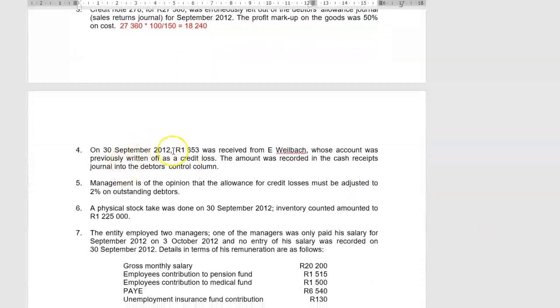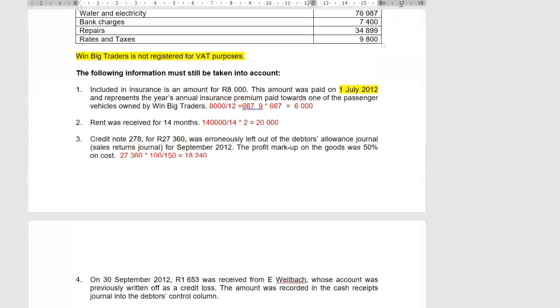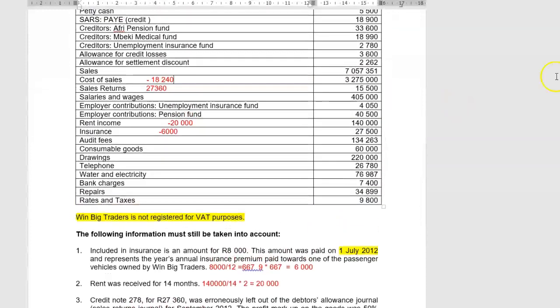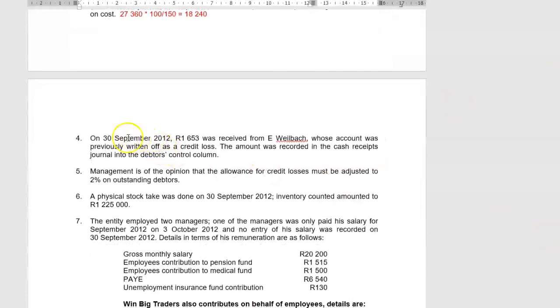On 30 September 2012, 1,653 was received from Walbach. Let me just see whether I've adjusted my sales returns. Yeah. On 30 September, 1,653 was received from Walbach, whose account was previously written off as a credit loss. The amount was recorded in the cash receipts journal into the debtors column. So the bank was debited with the amount received, which is right.